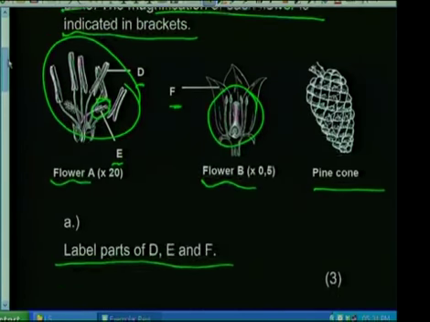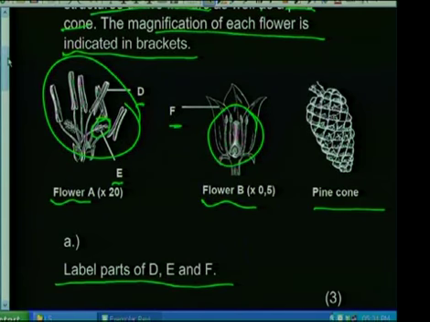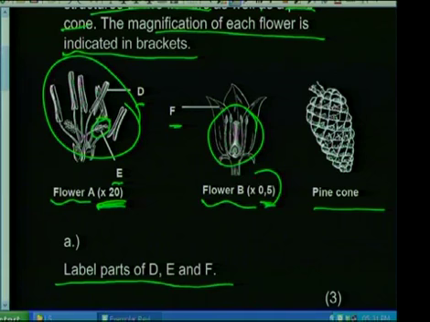Now here, the trick was, if you look at it on face value, flower A is larger. That's what it looks like in the diagram. On your question paper, it would look like that. But look at the magnification at the bottom. Times 20. And this one is times 0.5 only. So obviously, guys, this one needed a smaller magnification, and it's almost the same size as that one.